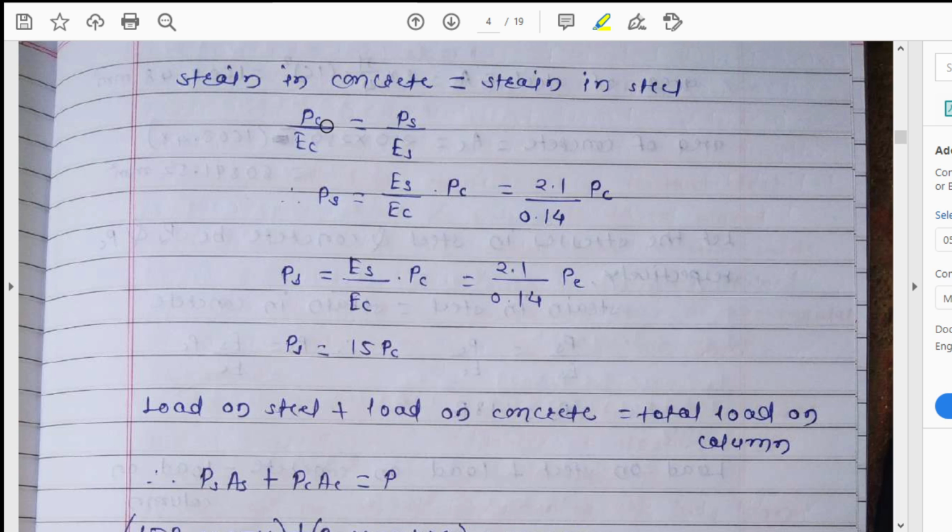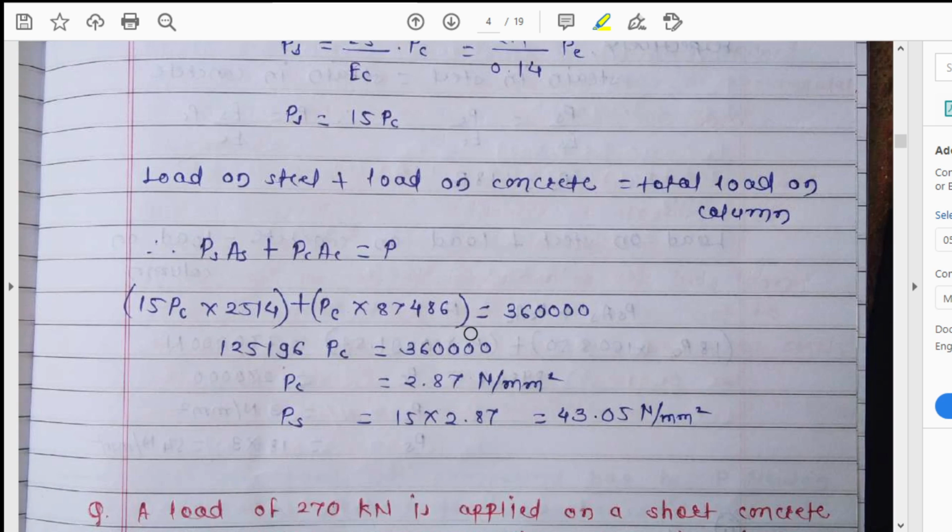By using the Young's modulus formula, that means PC upon EC equals PS upon ES. By using these formulas, we can find the value of PS as 15 PC. By normal mathematical calculations, PS is 15 into PC.